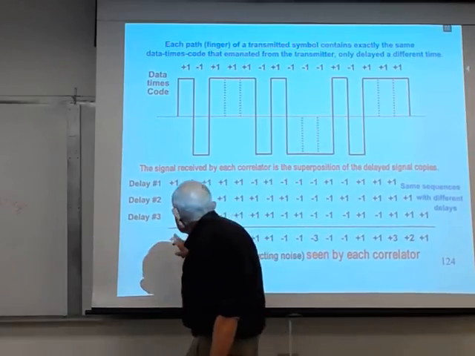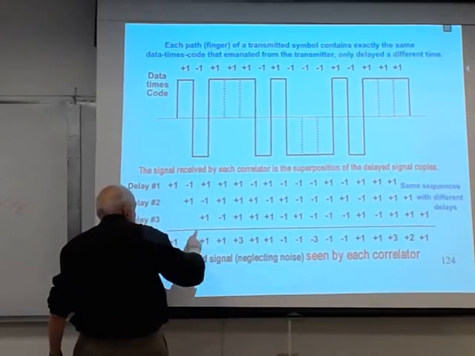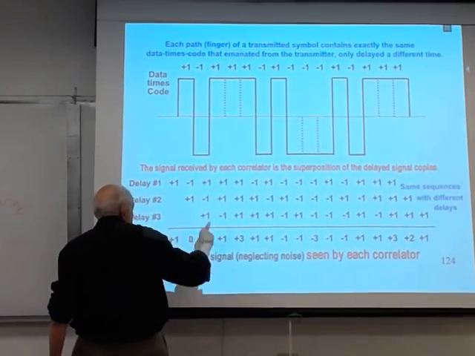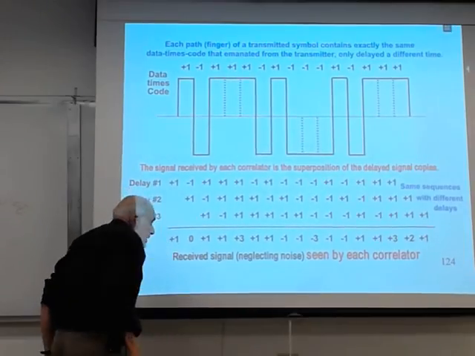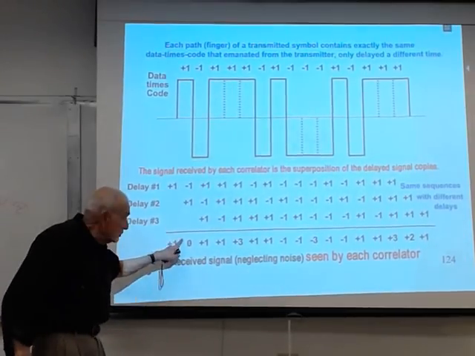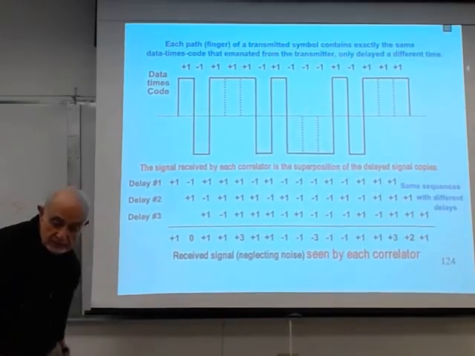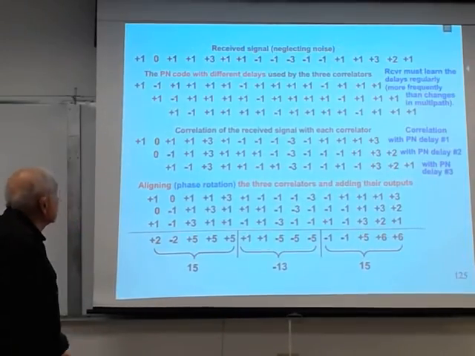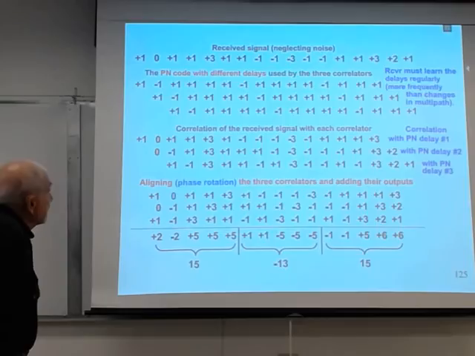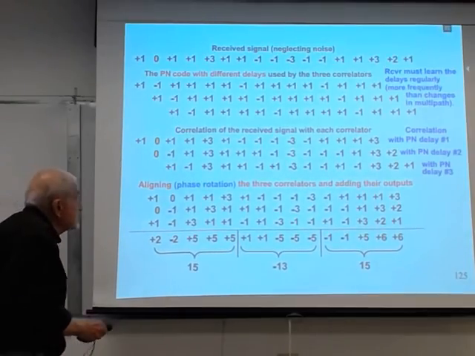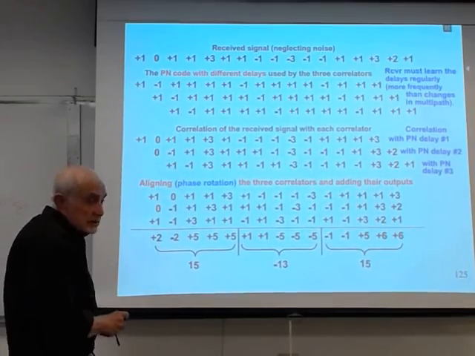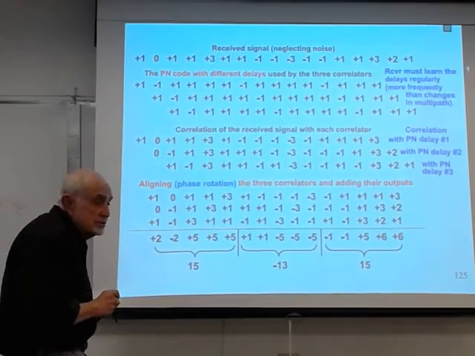It is just +1, minus and plus is 0, +1, +1, minus 1 is +1, and so forth. And each of those 3 correlators sees exactly the same thing that you're looking at here. So now the receiver must learn the delays regularly, more frequently than the changes in multiplier.